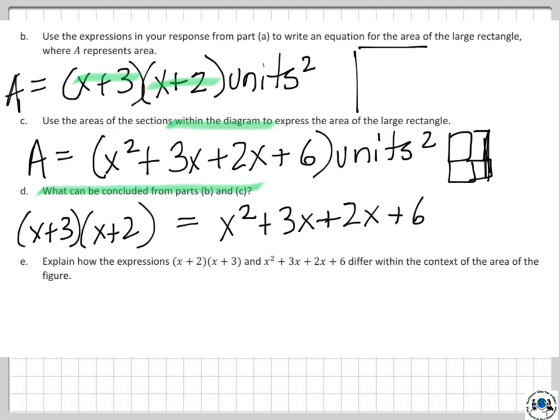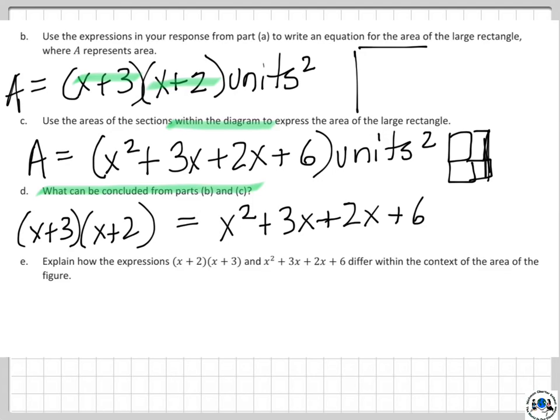They are one and the same in that by plugging in a value for x, you will get the same answer on the right side as you will on the left side. Those are equivalent expressions written differently.